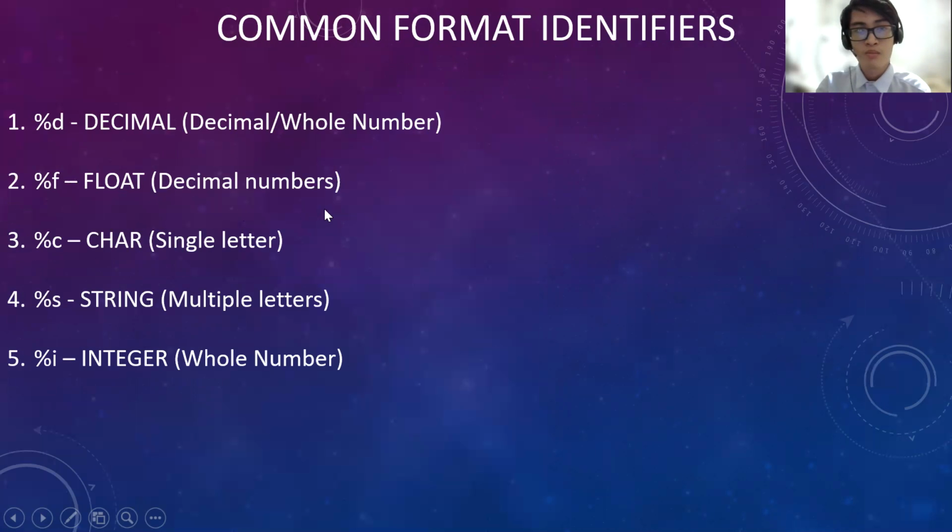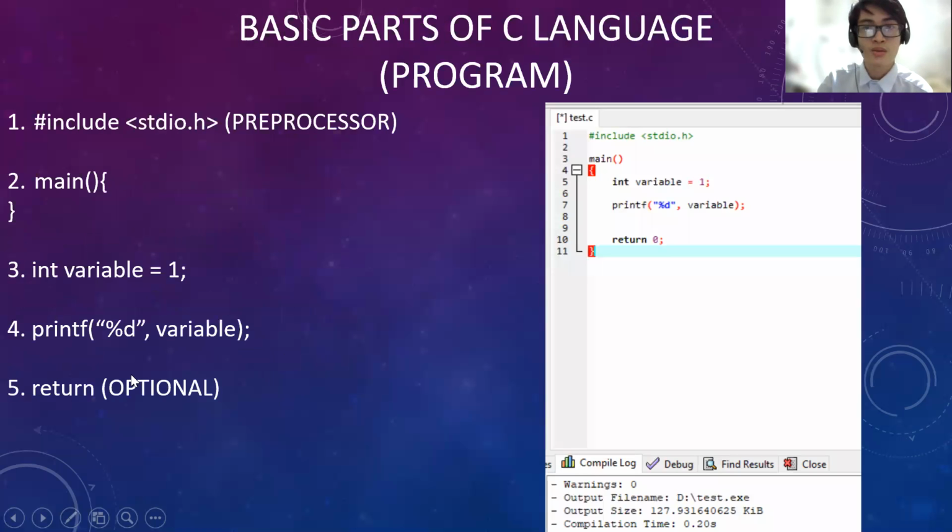So decimal numbers lang pwede sa kanya. Kay %c, char, single letter, then %s, string, multiple letters, then %i, integer, whole numbers lang yung pwedeng i-output gamit nito. So, ayun na po yan.